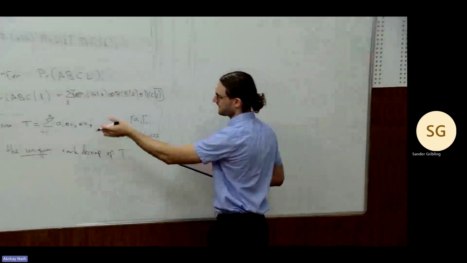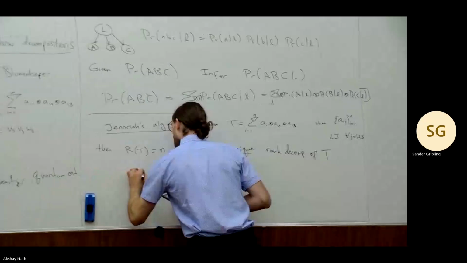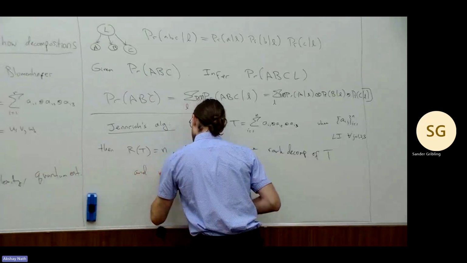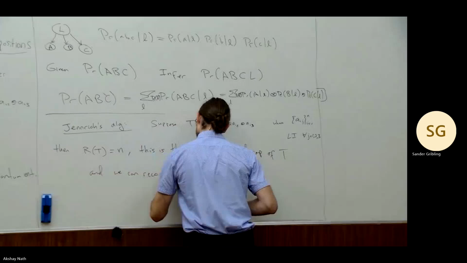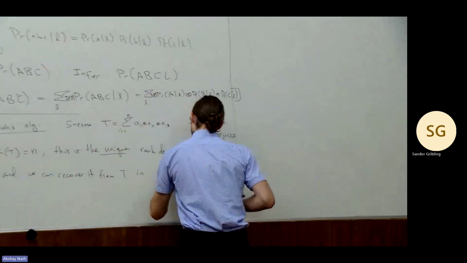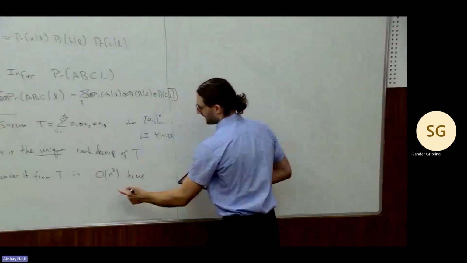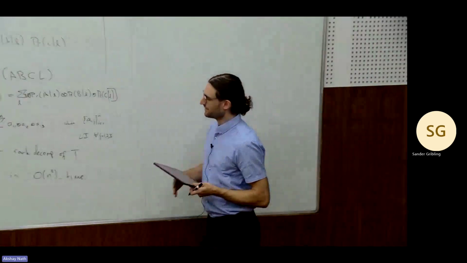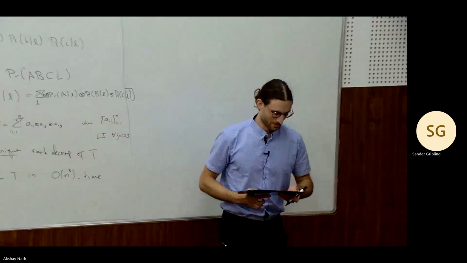Okay, the rank is n. This is the unique decomposition, and we can find it. We can recover it from T in order n cubed time, which is the best you can hope for, really, because you need n cubed time to just look at all the entries of the answer.